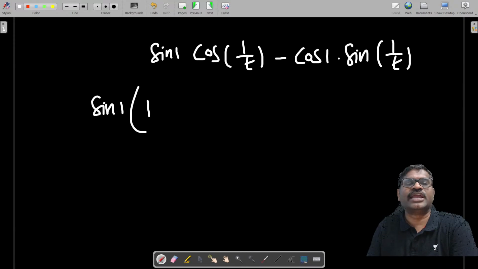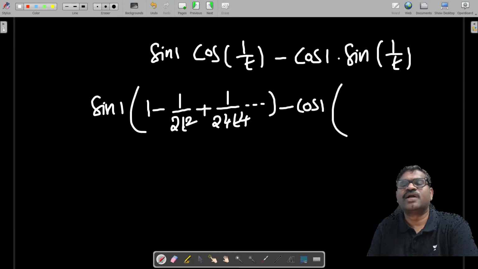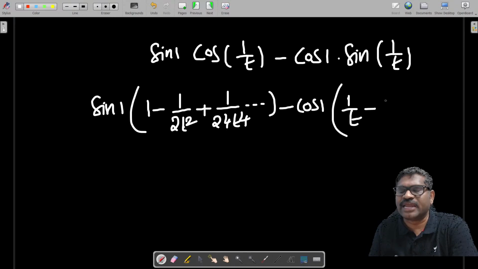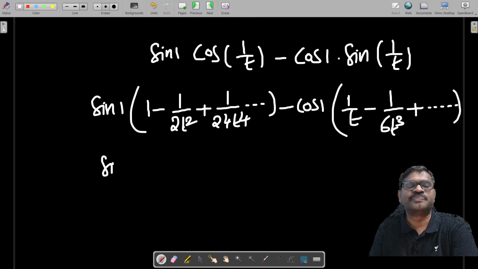Cos 1 by t is 1 minus 1 by t square by 2 factorial plus 1 by t power 4 by 4 factorial, and minus cos 1 sin 1 by t is 1 by t minus 1 by t cube by 3 factorial plus 1 by t power 5 by 5 factorial and so on.